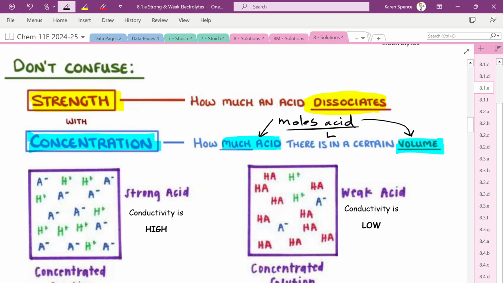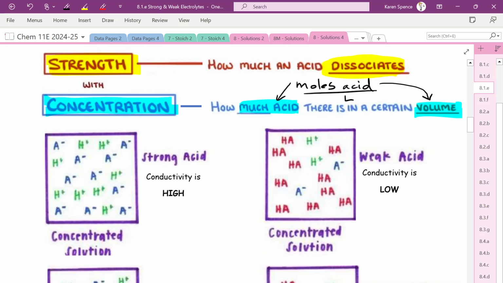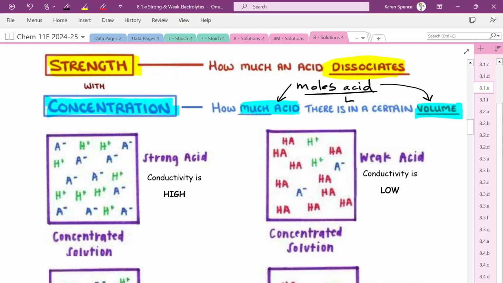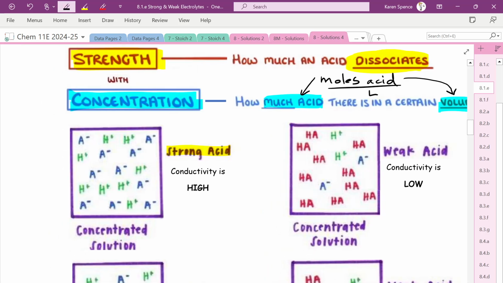So we're going to look at a few instances here where we have, for example, a strong acid, and it is also very concentrated. So we have lots of acid molecules, but they are all dissociated, 100% dissociated. So it's a strong acid, 100% dissociated.